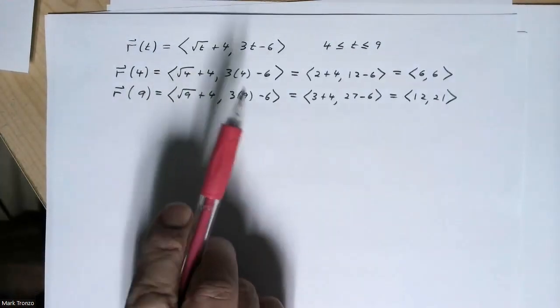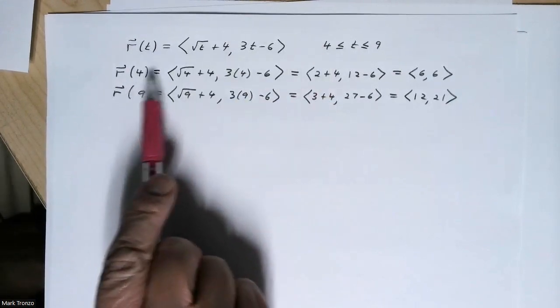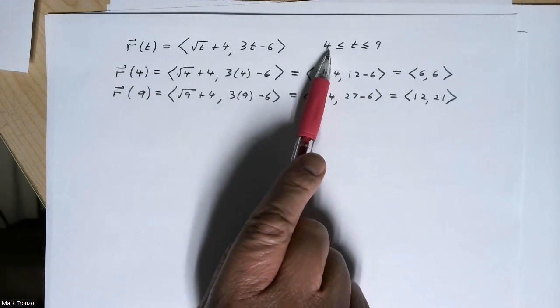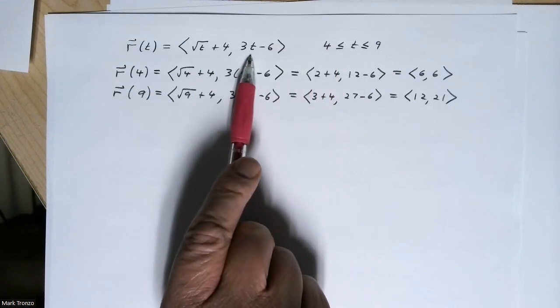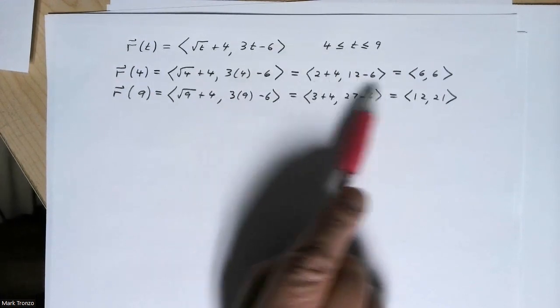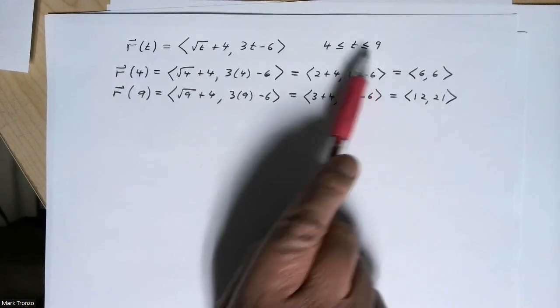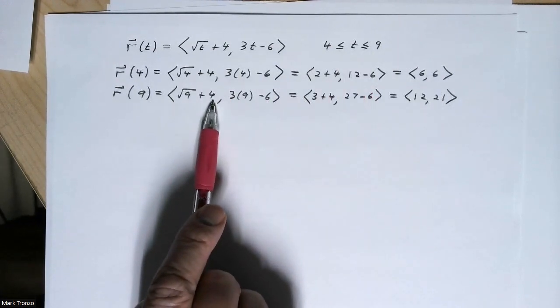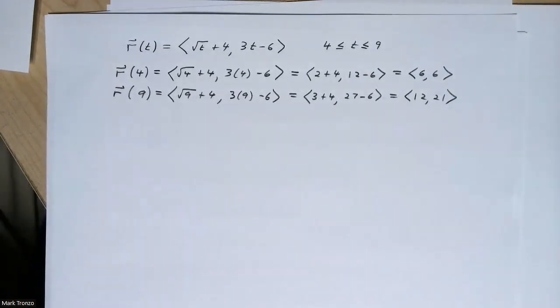Let's just double check my numbers. Again, all I did was put 4 into here and 4 into here and got 6 and 6, and put the other end point here. Oh, and I did make a mistake.